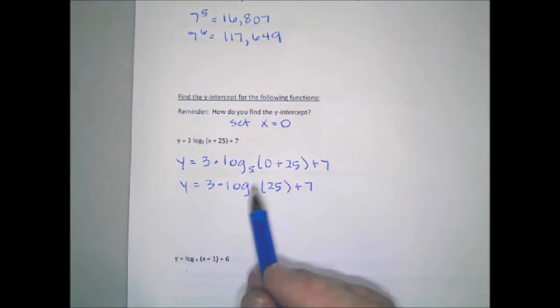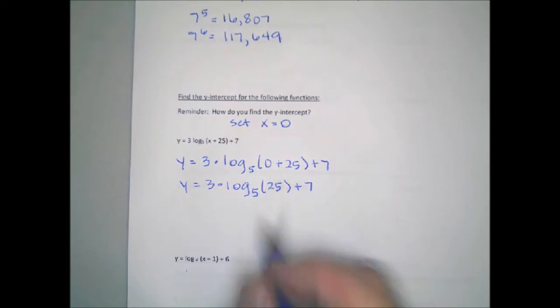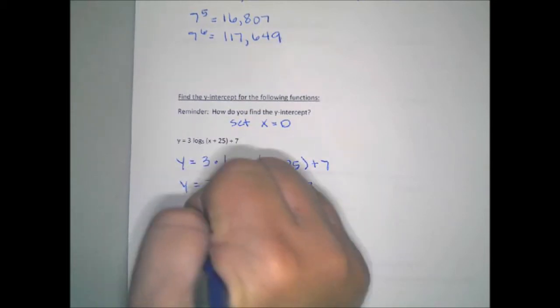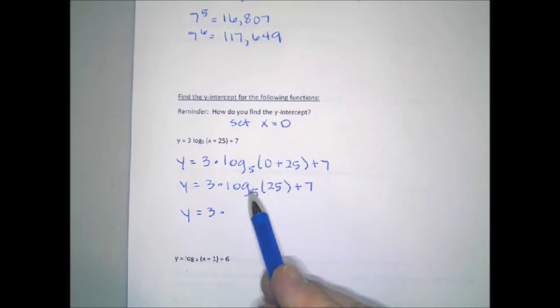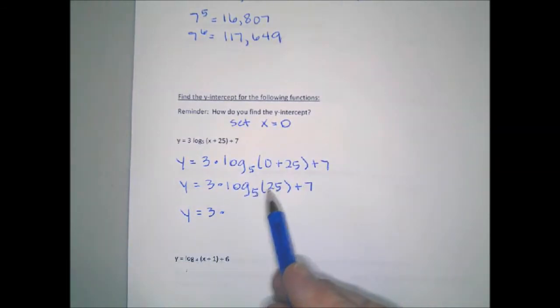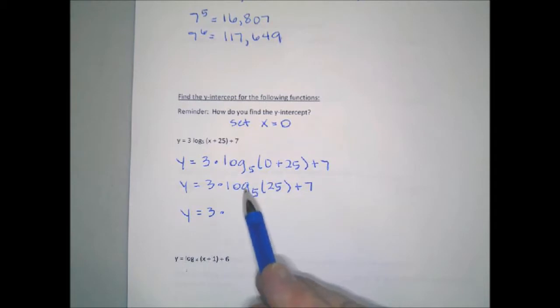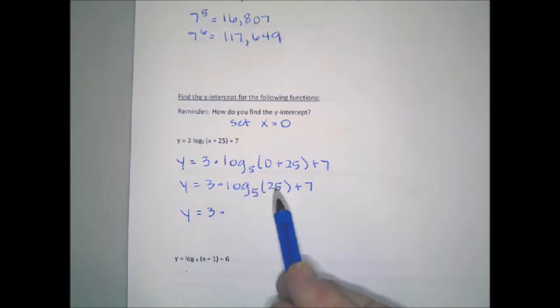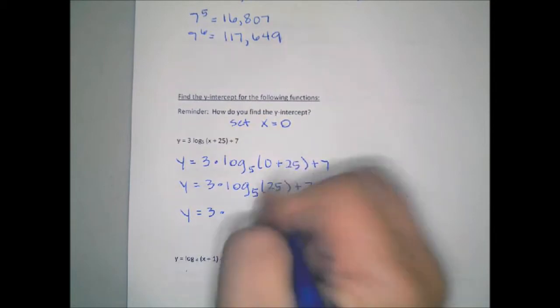Now, here's where we have to be able to start evaluating some of the more simple logs in our head. y equals 3 times, what is the log base 5 of 25? Or you can go back to the first objective: what power turns the number 5 into the number 25? Well, the power is 2. And then plus 7.